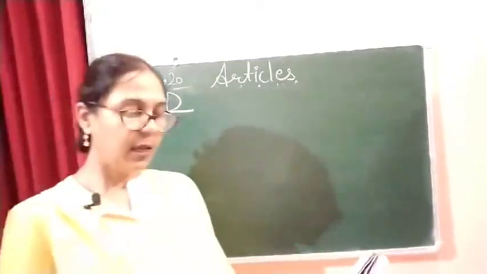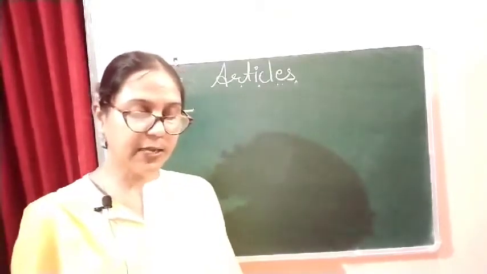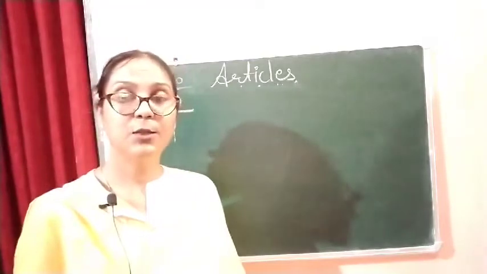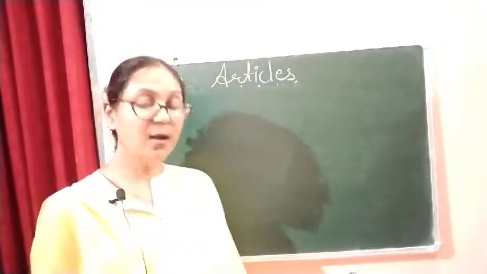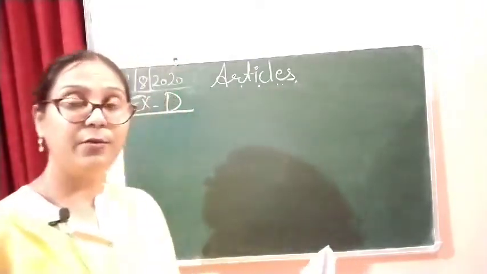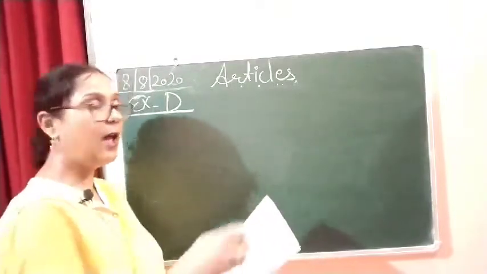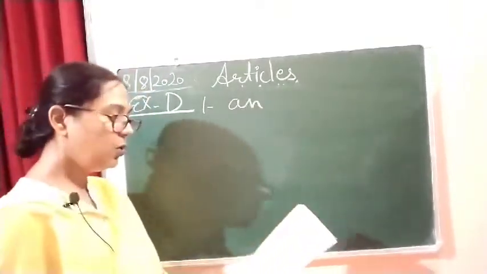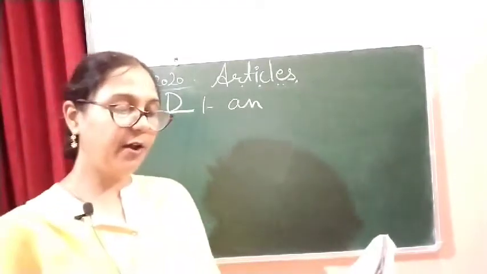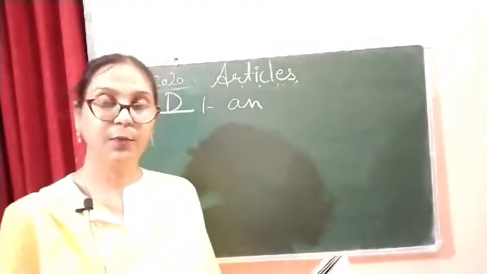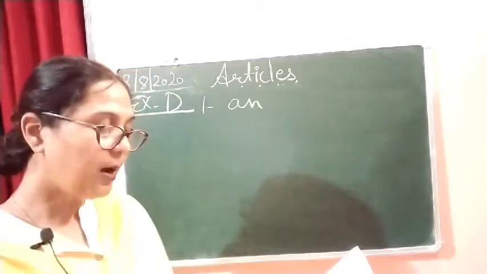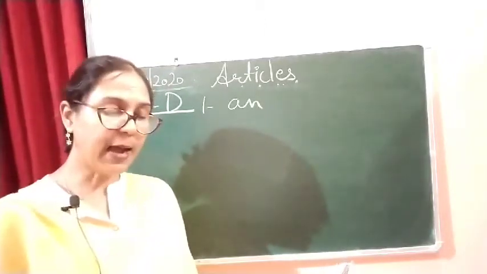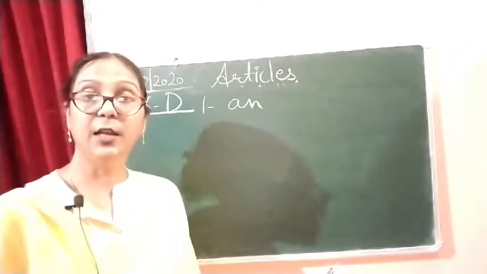First is, it took almost dash hour for us to reach home. So it is written over here hour, so we are going to use an. It took almost an hour for us to reach home. In second number, I was taught dash French by dash French lady.